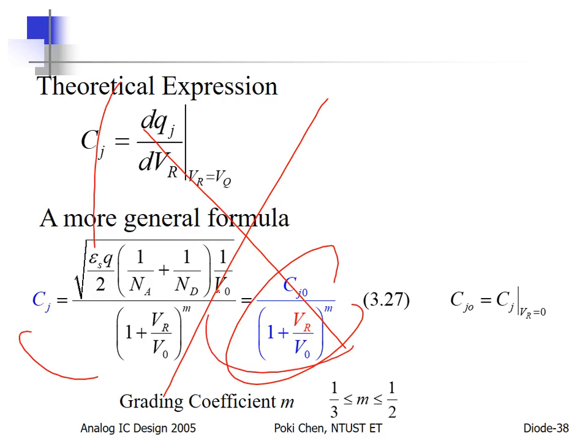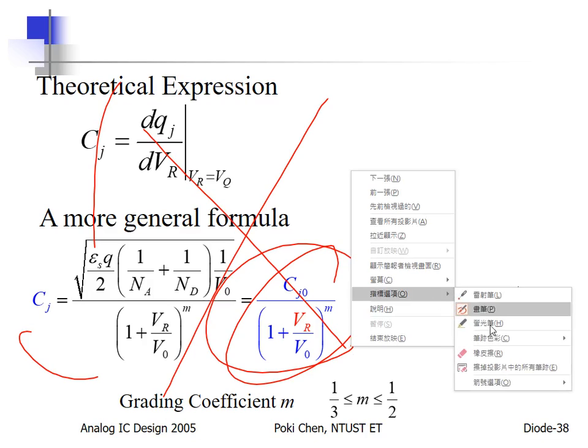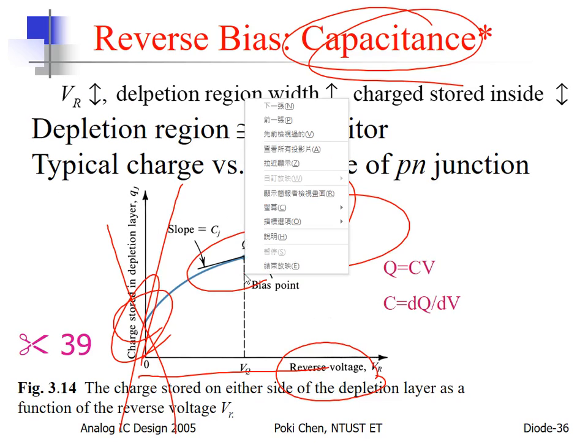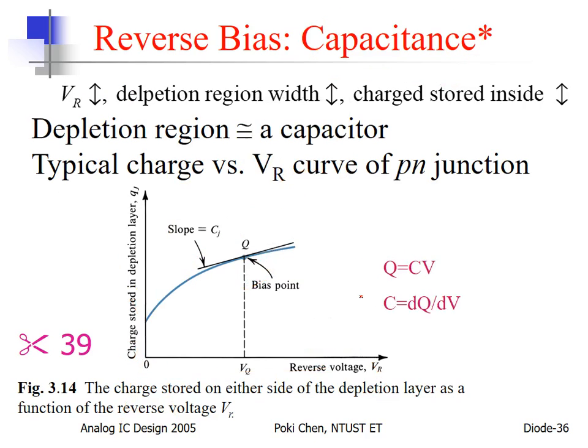What kind of concept do you need to have? Well, very easy, as I mentioned. The larger the reverse bias voltage, the smaller the capacitance. Bingo, that's it. This is by derivation, but I have only an explanation without any equation.